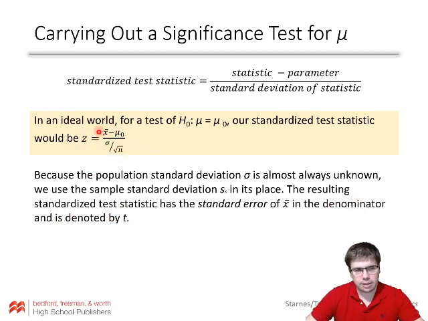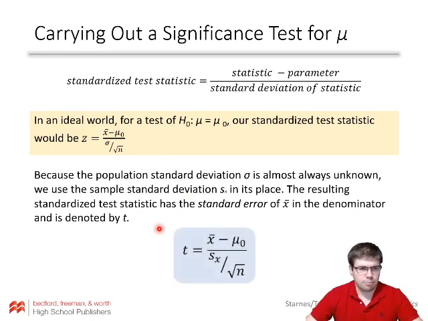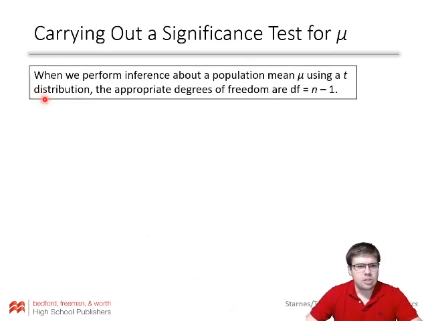That's exceedingly rare, so you will almost always use a t test statistic: x bar minus mu over s over root n. Since we're using s over root n, t is the better distribution to use to find how unlikely those results are. When we perform inference about a population mean using the t distribution, the degrees of freedom is n minus 1, same as last chapter.